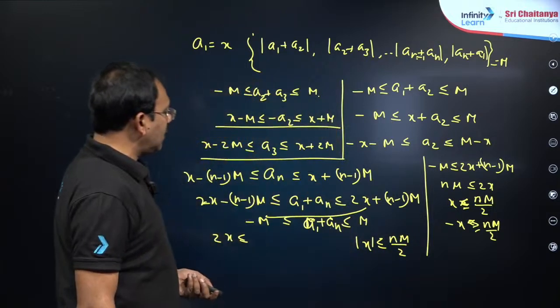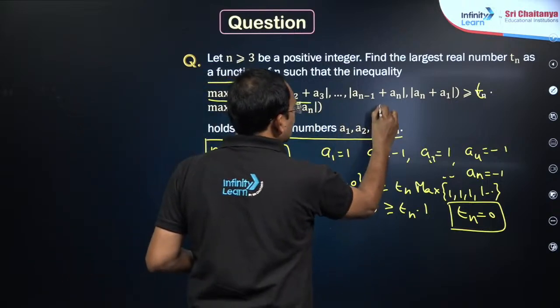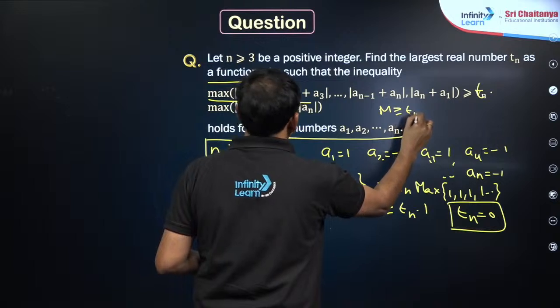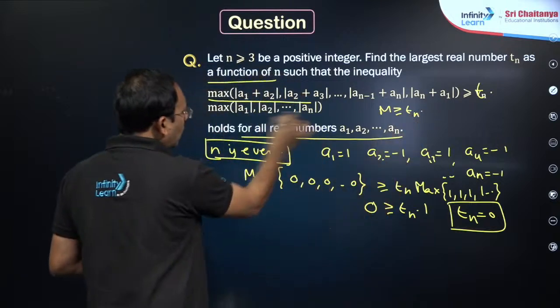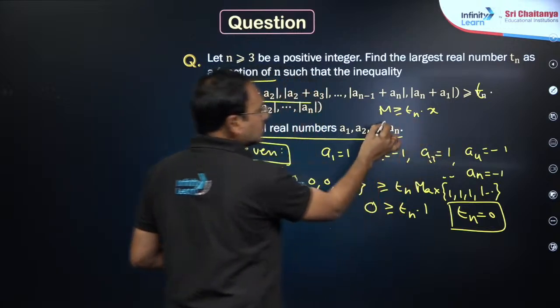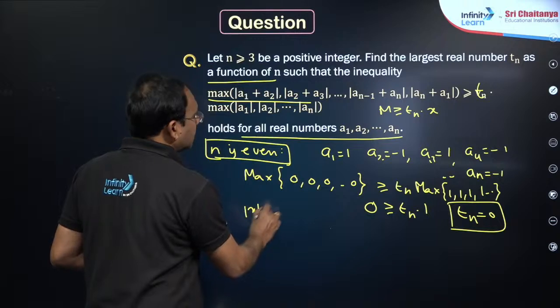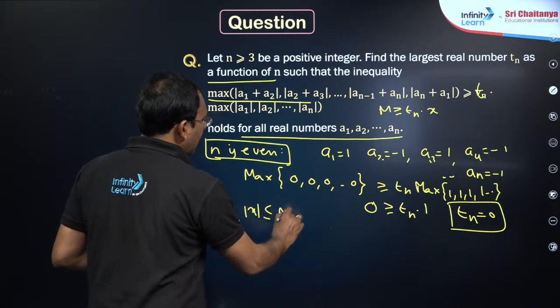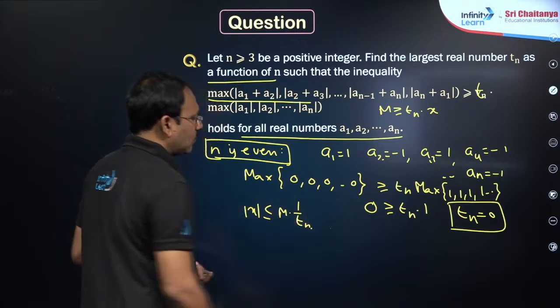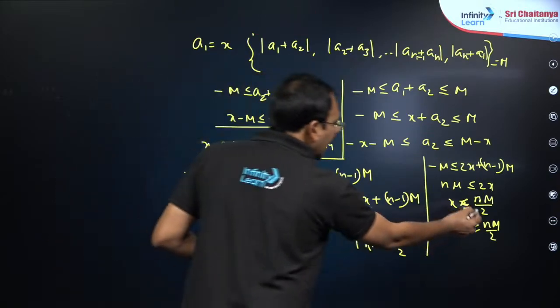But you see, the given inequation is given like this is maximum of this, that means m is greater than or equal to Tn into one of the maximums I have taken as x, my dear friends. So mod x must be less than or equal to m into 1 by Tn. But we got here m into n by 2.